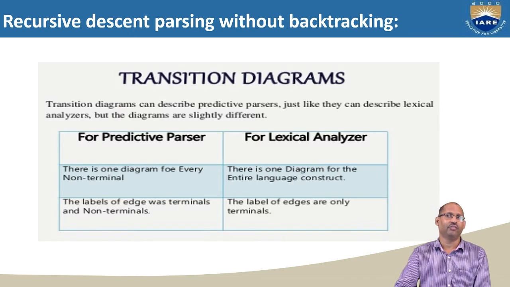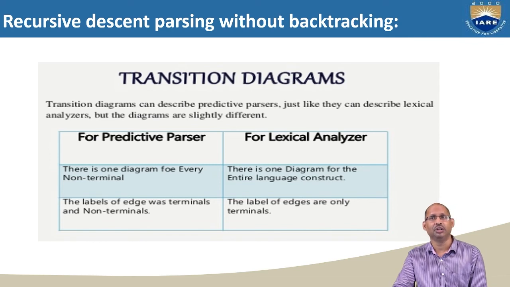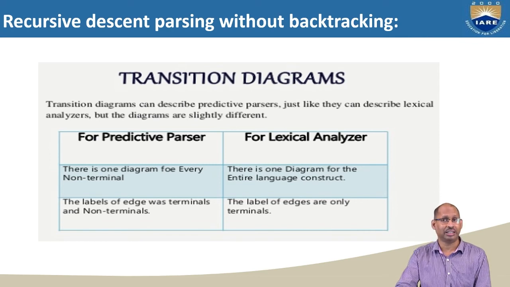So here we use the transition diagram for the recursive descent parsing, a predictive parsing, and also for the lexical analyzer. Here we are using a transition diagram for each non-terminal, but in the lexical analyzer it is for the entire language construct. So that is the difference between these parsing methods and the lexical analyzer.